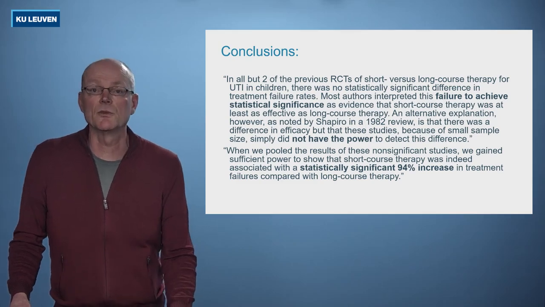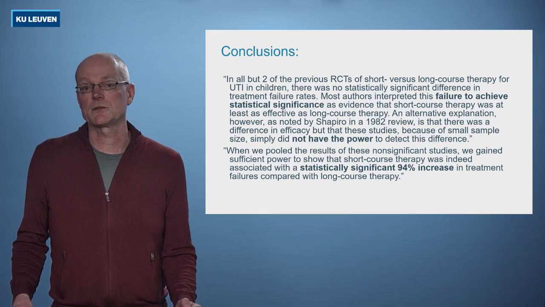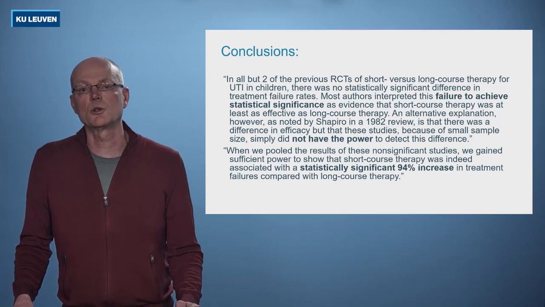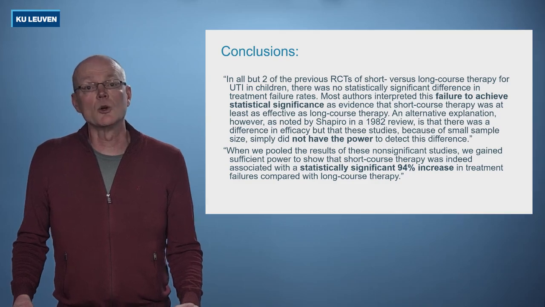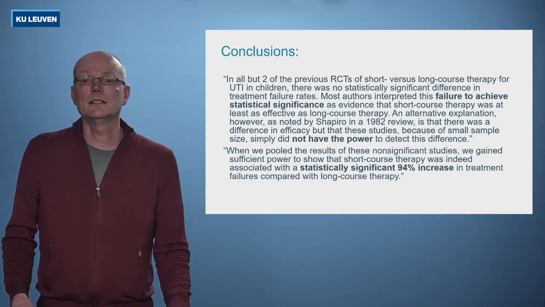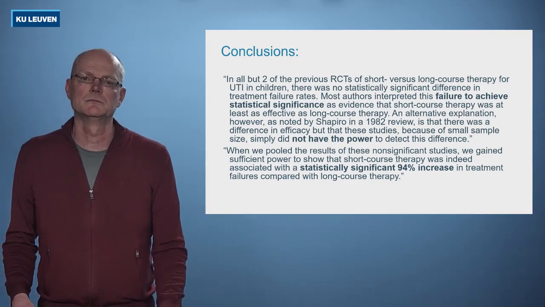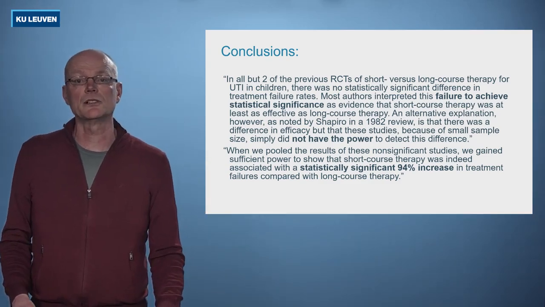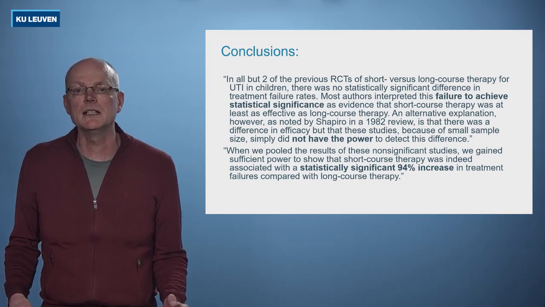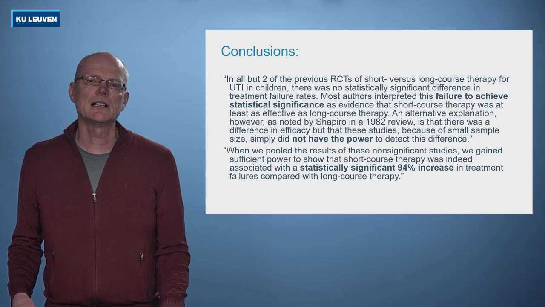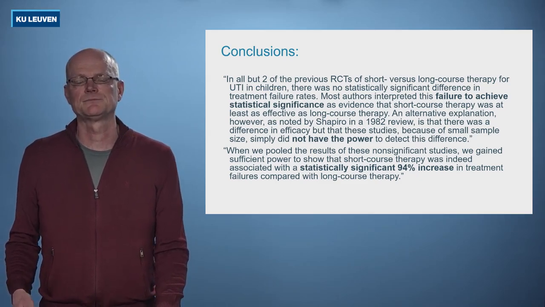They remark that very often in individual studies, no statistically significant difference between the two treatments was found, and therefore it was concluded that the short course therapy was equally effective. But they also note that the fact there was no statistical significance can be due to the lack of statistical power. By combining the results over all studies, we get a risk ratio of 1.94, which means that the probability that the treatment will fail is 94% larger if we would use a short course therapy.